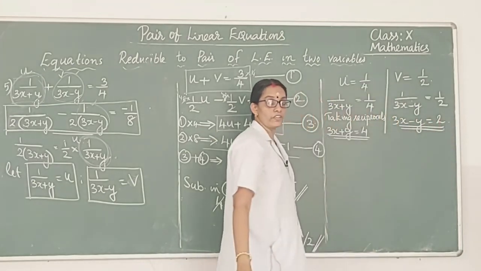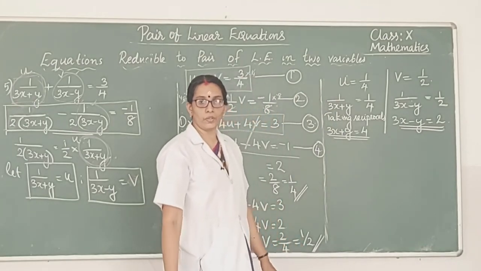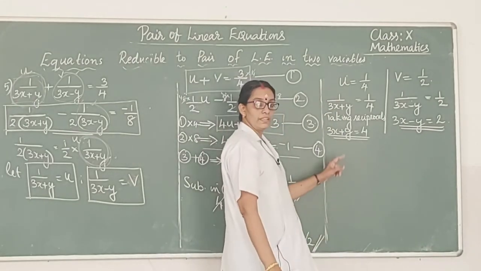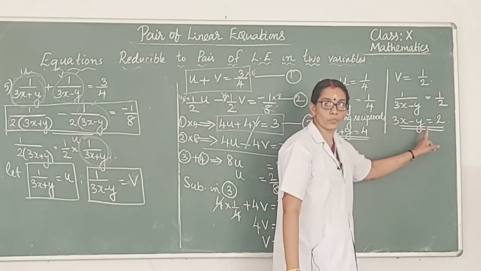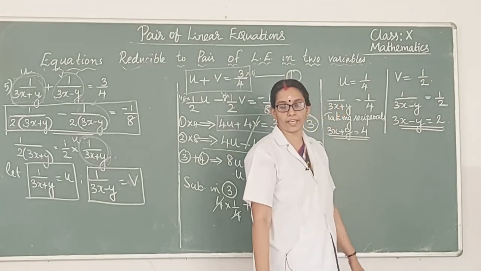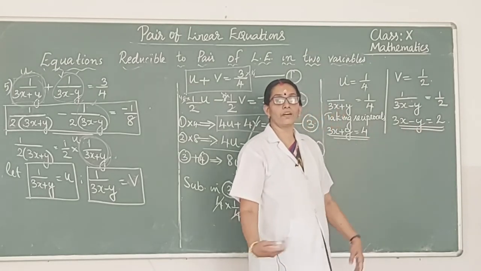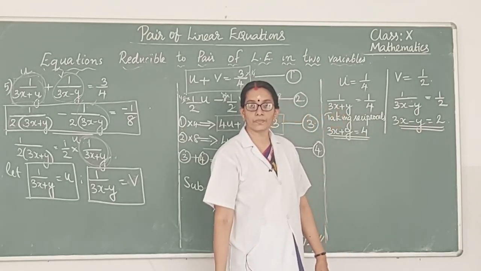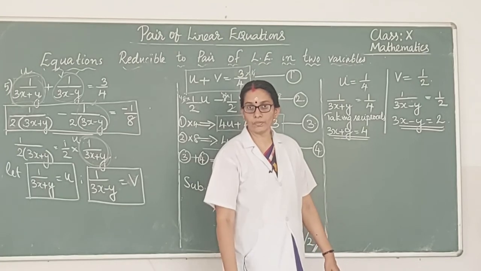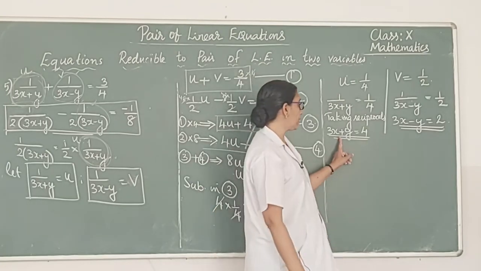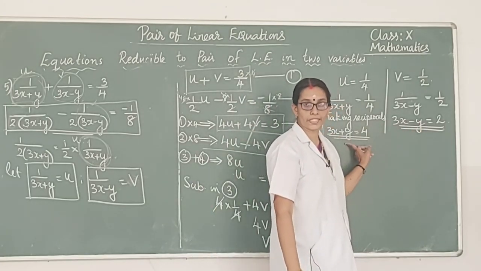Did you get value of x and y here? No. Again we are getting two equations in x and y. If we are having equations in x and y, how will you get x and y values? Again we have to apply any one method to solve these two equations.